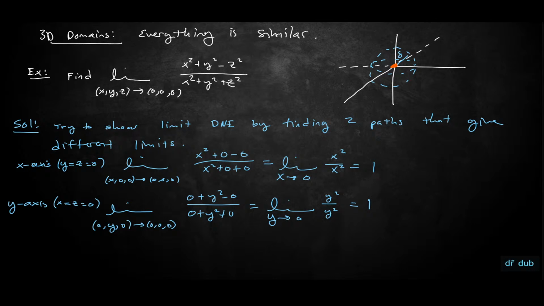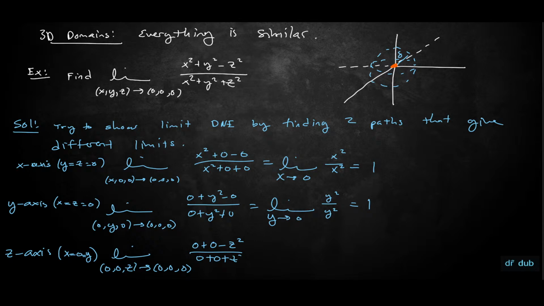Let's try the z-axis. That's when x and y are both 0. So it's the limit as 0, 0, z goes to 0, 0, 0. That's 0 plus 0 minus z squared over 0 plus z squared, which is the limit as z goes to 0 of negative z squared over z squared, which is negative 1.